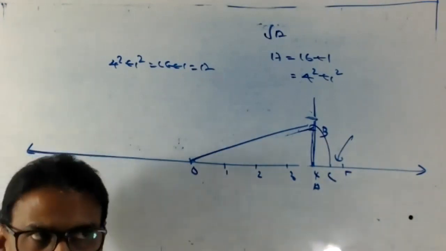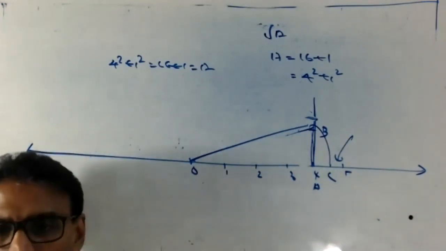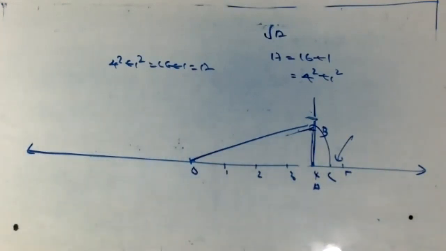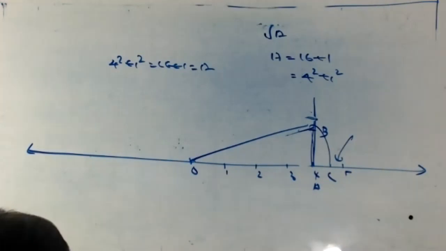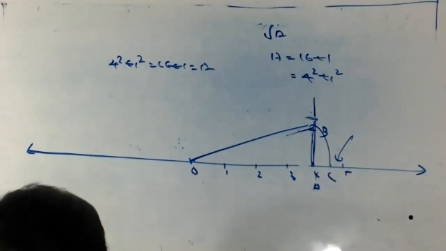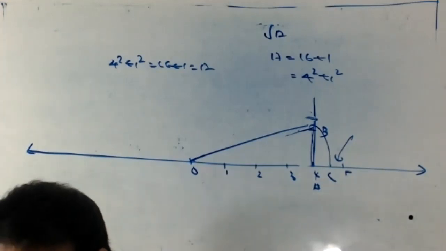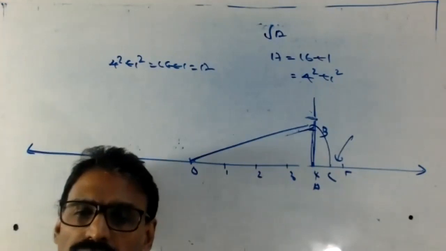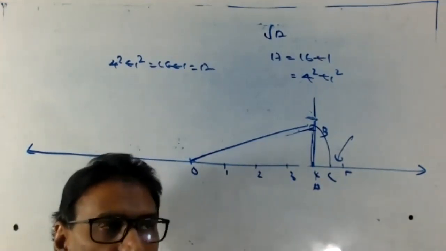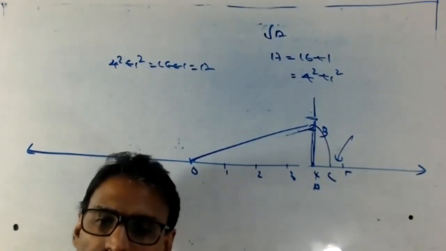Now, check all the constructions. From the last, we check root of 17, root of 13, then root of 8, root of 5. Check all of this now. If you have doubts, I'll tell you. I'll give you 5 minutes till 3:30. You can check it. I'm here.